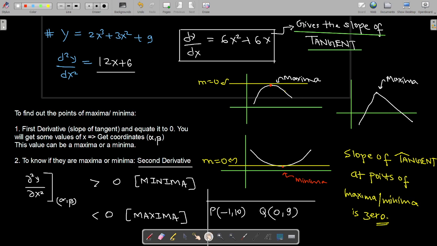Now what is the second step? To know if they are maxima or minima, what do you do? Second derivative. This is the second derivative in front of you. Then you have to put the values of the coordinates in the second derivative and check if that is positive or negative. So tell me, is point P a maxima or a minima?